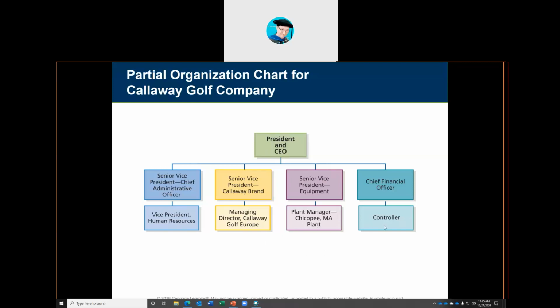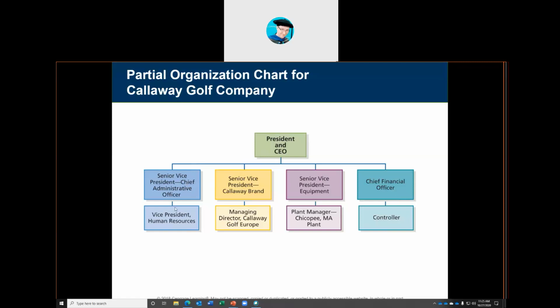Under the controller, you might have accounts payable, accounts receivable, payroll, and so forth. But this just gives you an example of how organizations are developed, how they look from an organizational perspective. But the key thing I want you to take away and understand about managerial accounting is that managerial accounting is really broken out by either department or by activity.